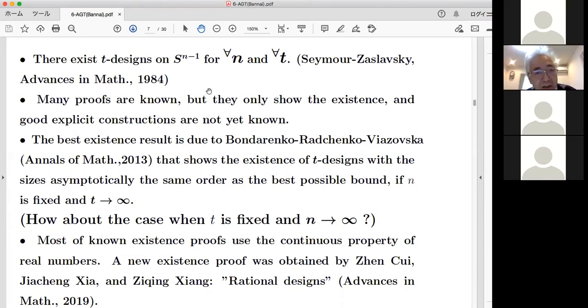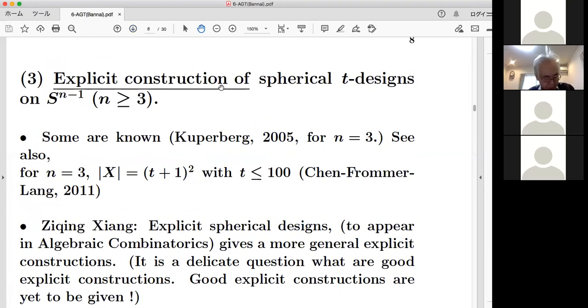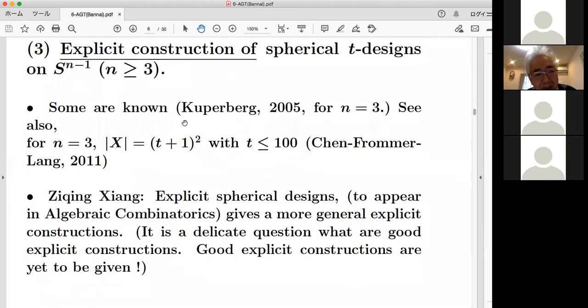And how about the explicit construction of spherical t-designs? Some examples are known. For example, by Cooper and Bach, but this is just for n equals 3, and the size is very big.